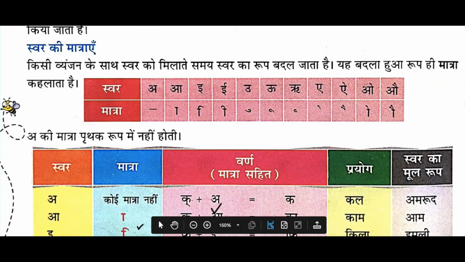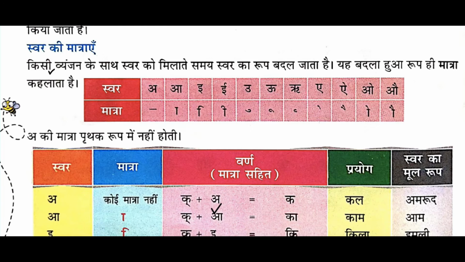Now स्वरों की मात्राएं. Here it goes, whatever we say, स्वर and व्यंजन वाला. किसी व्यंजन के साथ स्वर को मिलाते समय स्वर का रूप बदल जाता है. यह बदला हुआ रूप ही मात्रा कहलाता है.